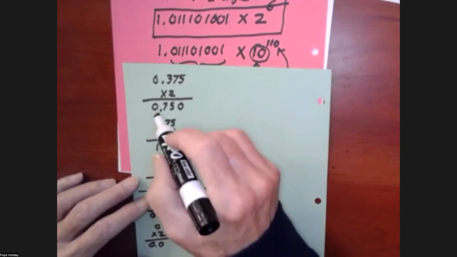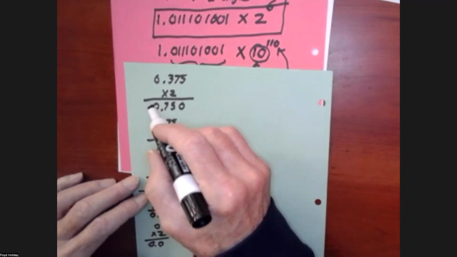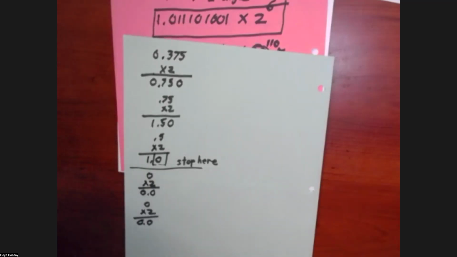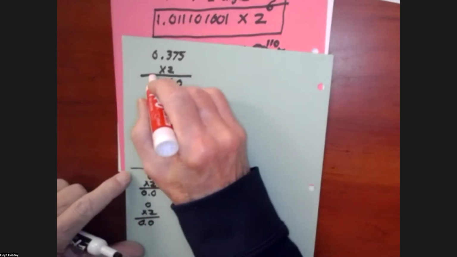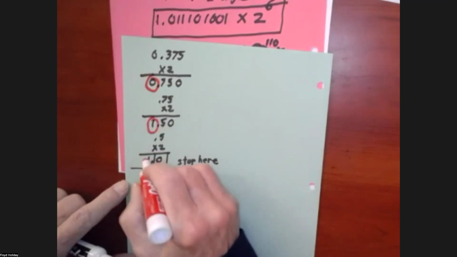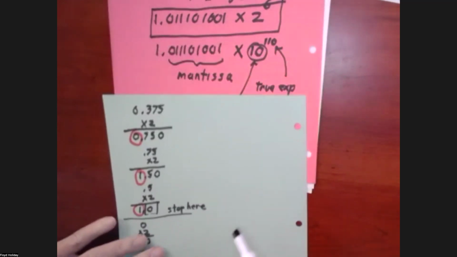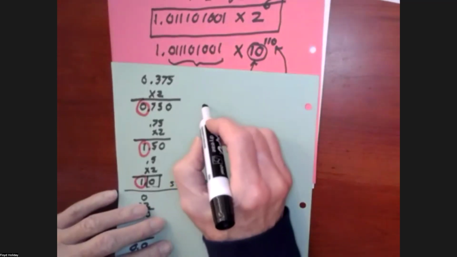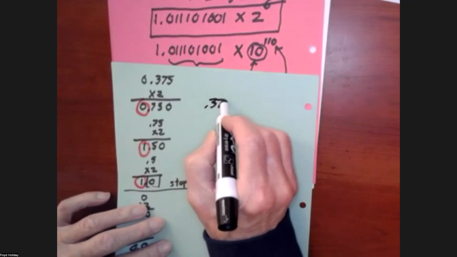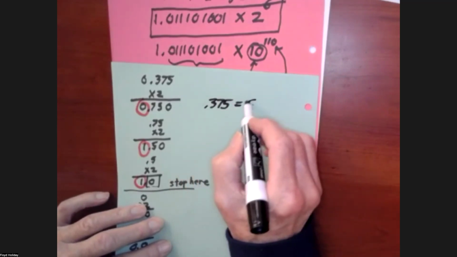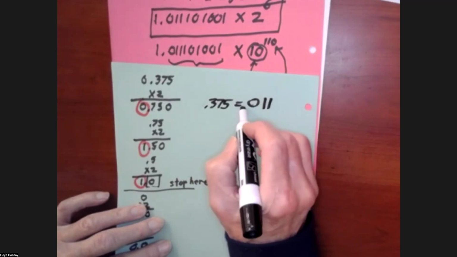So it would be, let me use a different color, here, here, and here. What we get out of all that is that 33.375 equals 100001 dot 011.